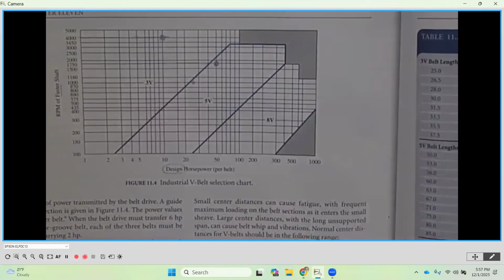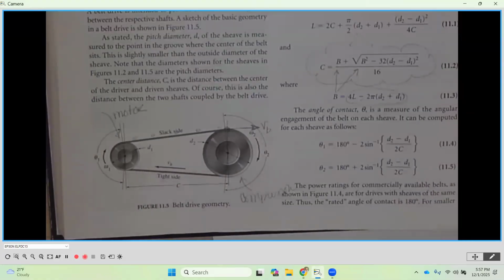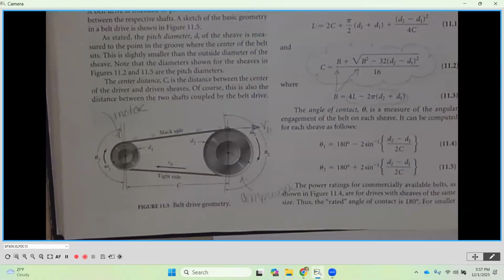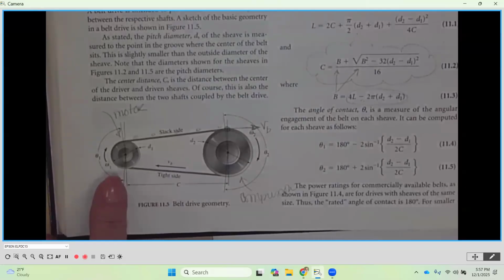Then you're going to match it up with the RPMs of the faster shaft, okay? The faster shaft. So as we look at our application of a drive, just like with gears, the smaller gear, the pinion, was on the faster shaft, and it engaged with the larger gear in the set, which was called the gear, that was going to be going slower. We see that there is a smaller sheave.